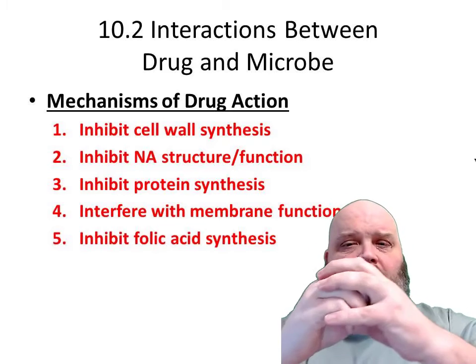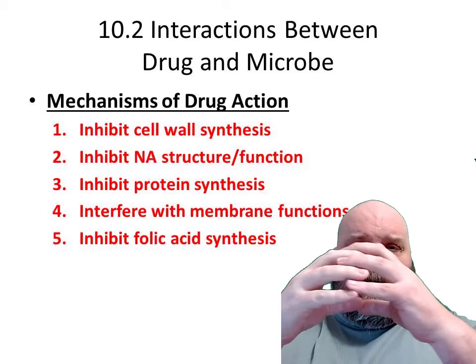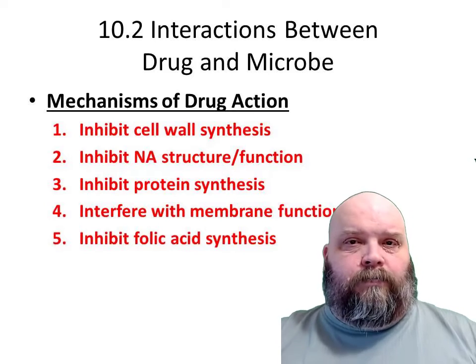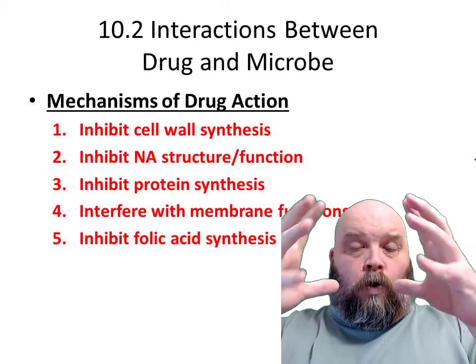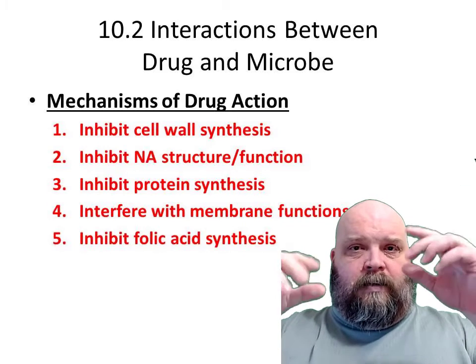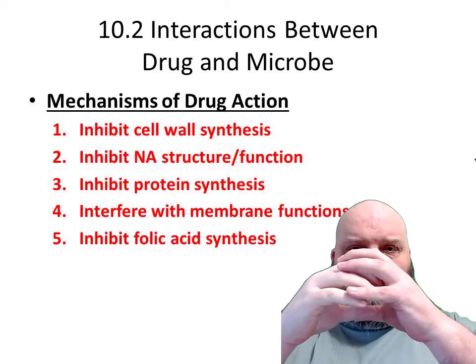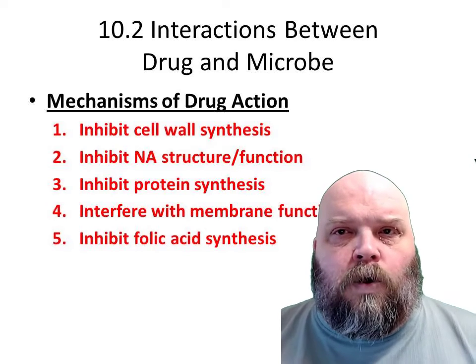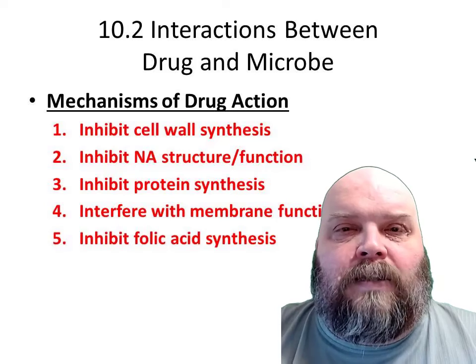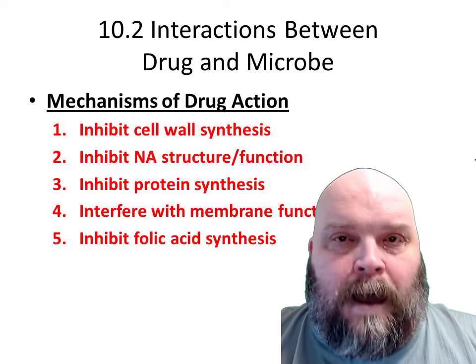What it does is, as those new layers of cell wall are made in the presence of penicillin, they're weakened. The hardier, older cell wall layers over time will be shed, broken off, and replaced by new layers that are weakened. They cannot handle the osmotic stress, and given time, the cell will pop.